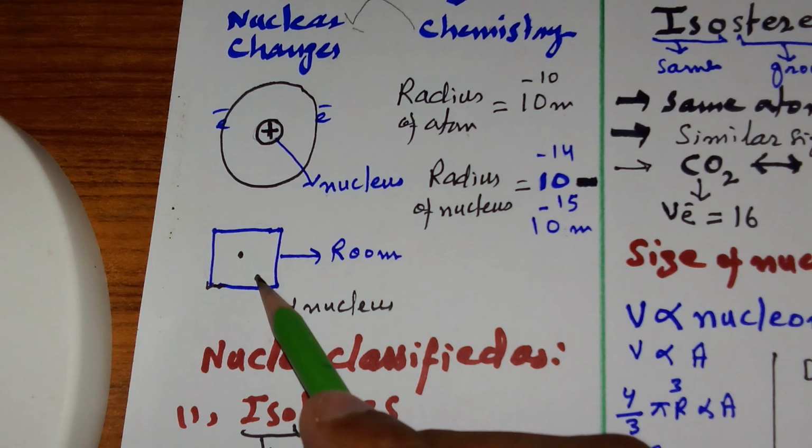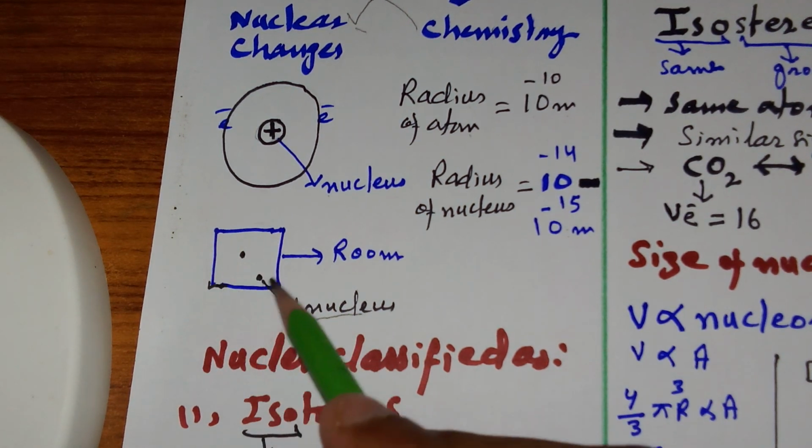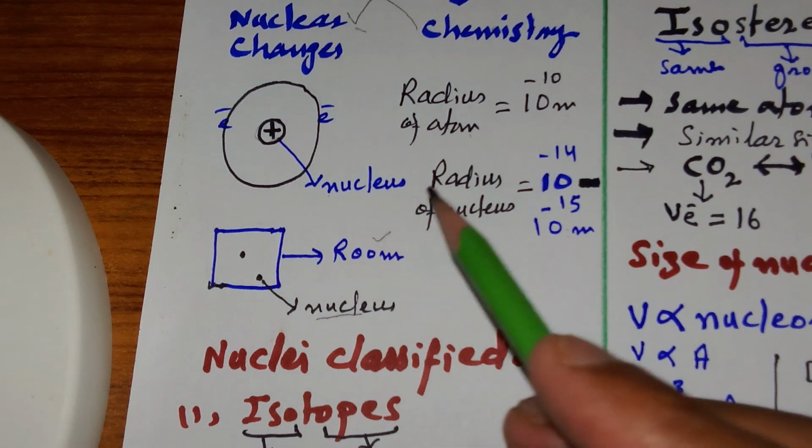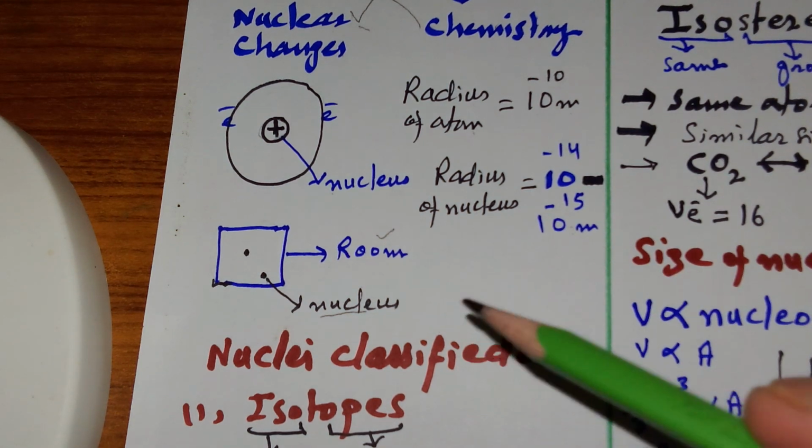This small object is the nucleus, and this whole area is the room. So you can see the difference in the size of the nucleus and the size of the atom. How much smaller a nucleus is.